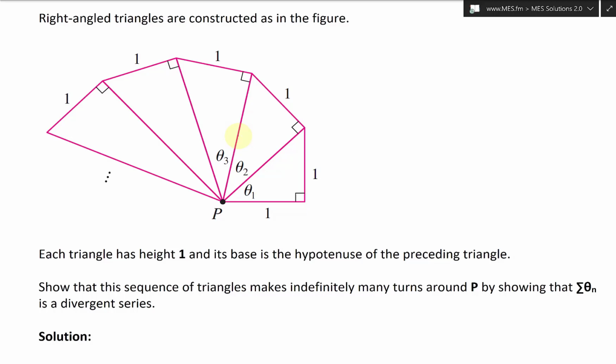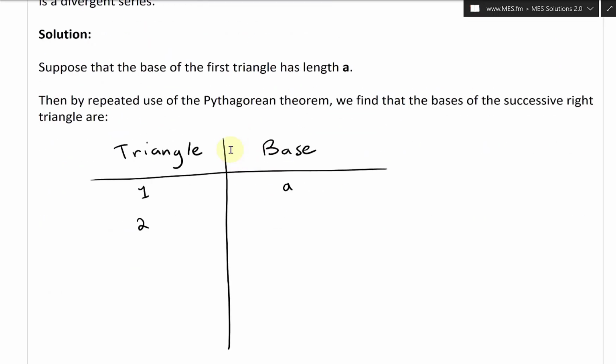And then we can keep doing that for the new base, new base, new base, and it's always the hypotenuse of the preceding one. So this becomes the square root of 1 squared plus A squared, which is the square root of 1 plus A squared.